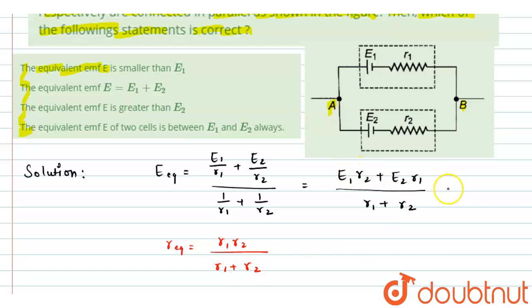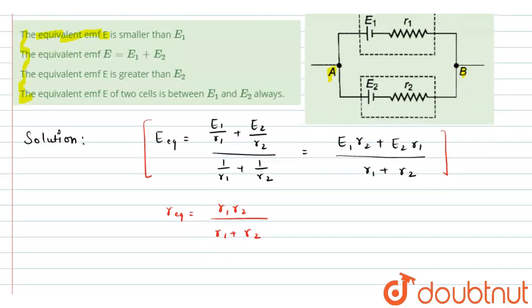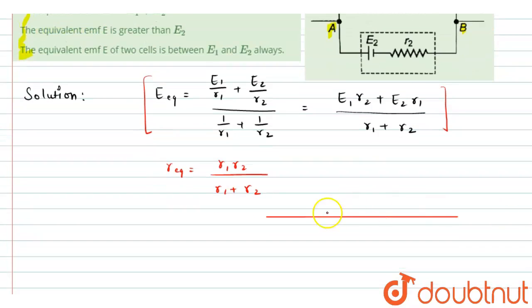This is the main formula we have to deal with in the question. Now, by applying basic maths, suppose we have a line with extreme coordinates x1, y1 and x2, y2, and some point cuts this line section into two parts m1 and m2.